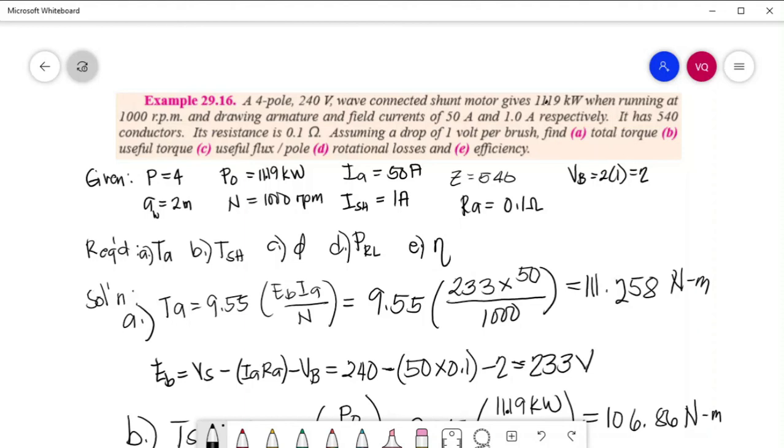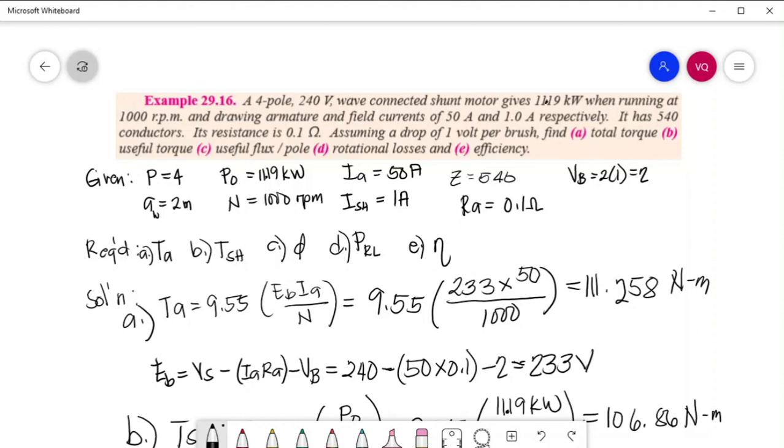Its resistance is 0.1 ohm. Assuming a drop of 1 volt per brush, find the total torque, which is the armature torque, the useful torque, which is the shaft torque, the useful flux per pole, rotational losses, and efficiency.